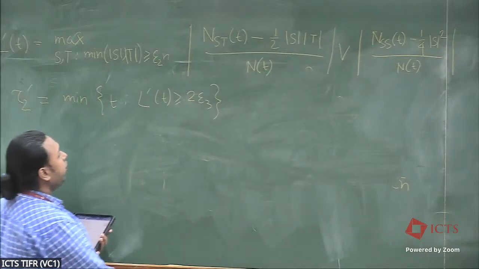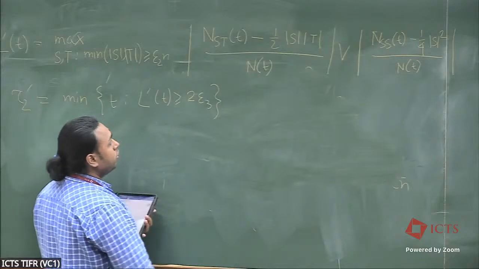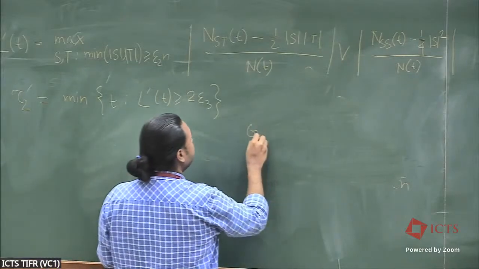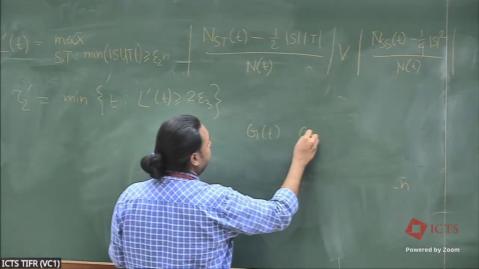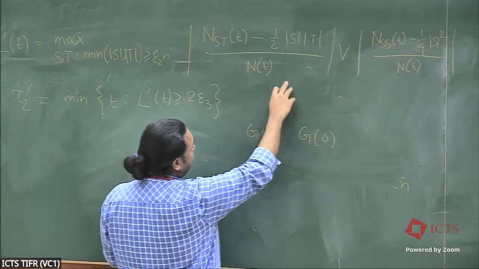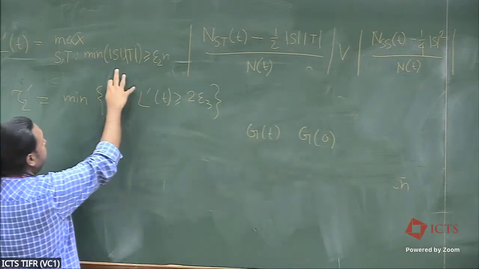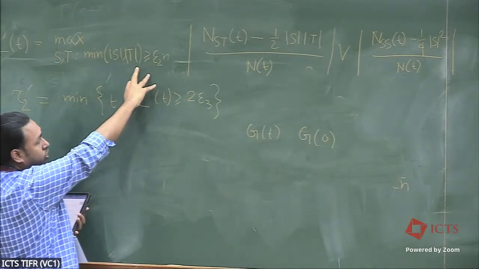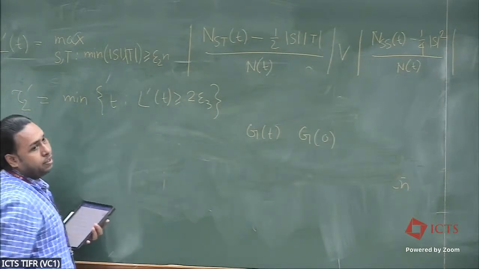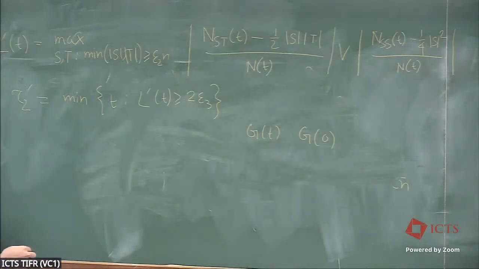This stopping time controls the distance between GT and the initial graph G0 via cuts S and T, where S and T are not too small, they are large in some sense. This is one stopping time.